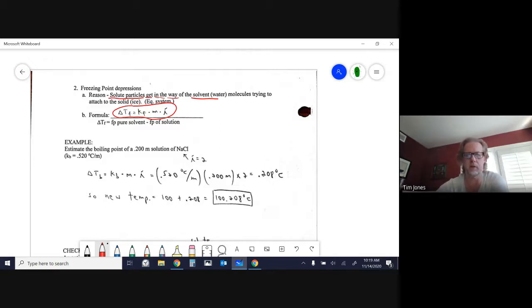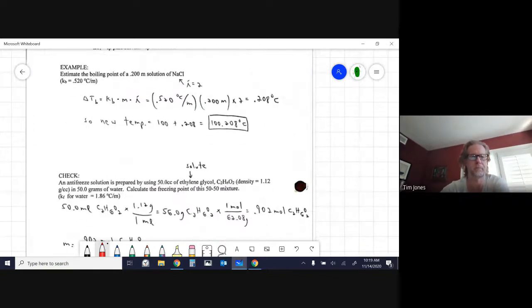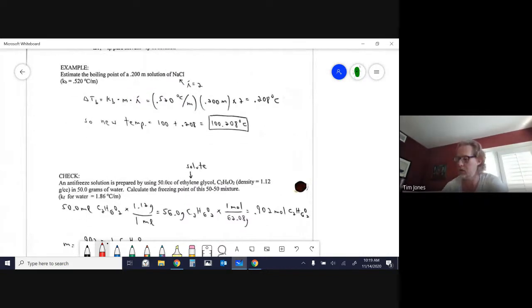So if we take a look at this first example, estimate the boiling point of a 0.2 molal solution of sodium chloride. So here's our equation, delta T equals KMI. They told us the constant, it was given here. They told us molality, I values too, because it's sodium chloride, and you get a delta T of 0.208.